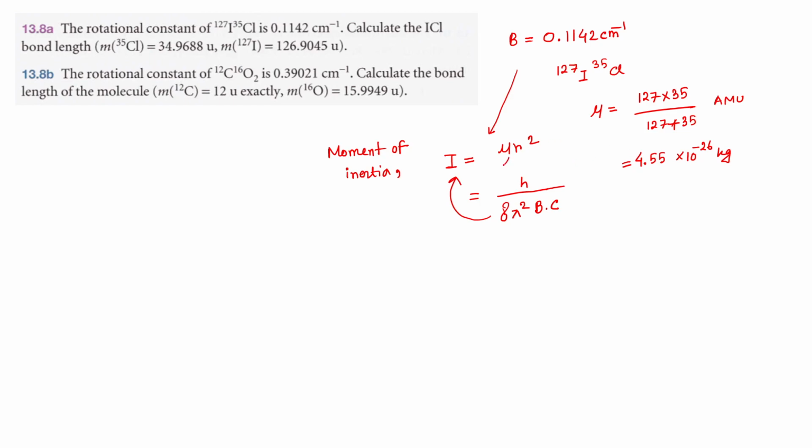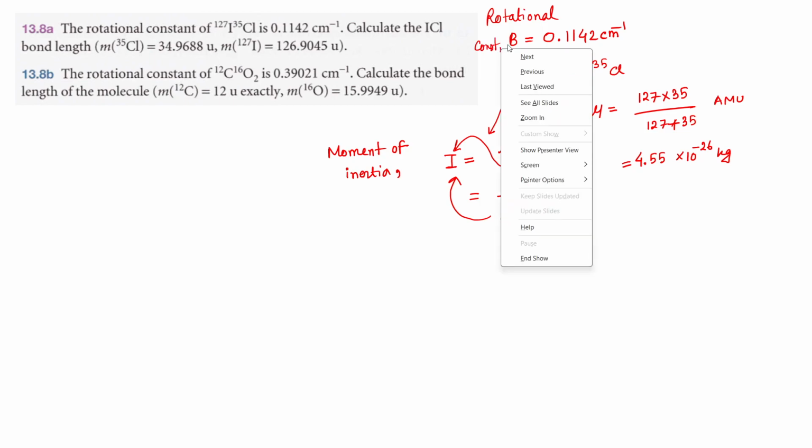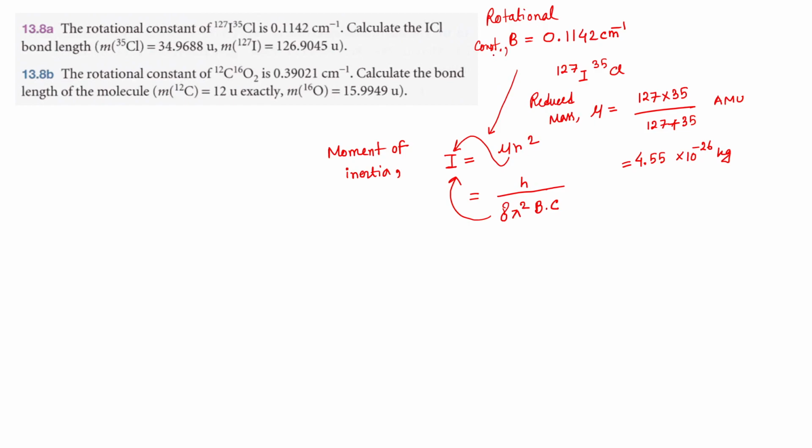put the value of your mu there, the reduced mass, and from there you will be able to calculate your bond length of ICl.